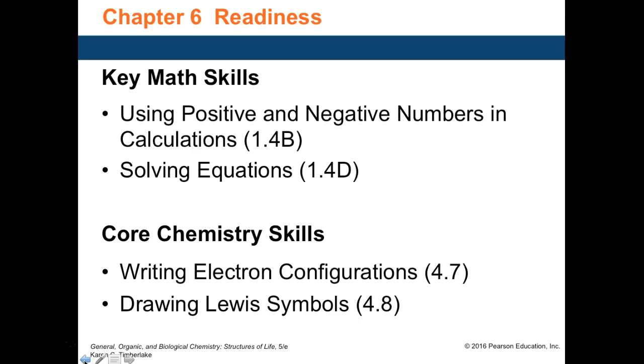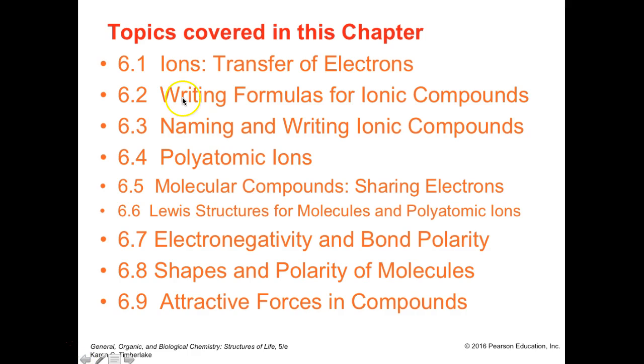The topics we'll be covering in this chapter are 6.1, how ions are formed, 6.2, writing formulas for ionic compounds, and 6.3, how to name and write the formulas for ionic compounds.